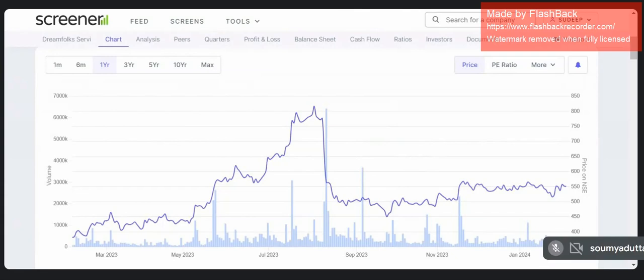So what is the relation of crude oil with other parameters? Crude oil affects many things. Crude oil going up is good for certain companies, like natural rubber.